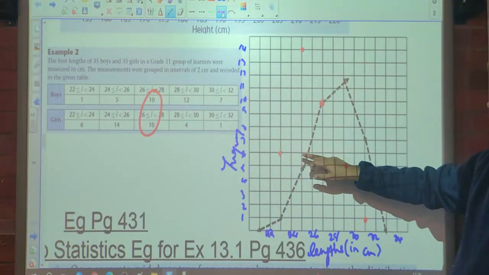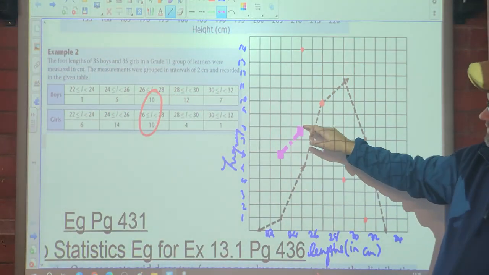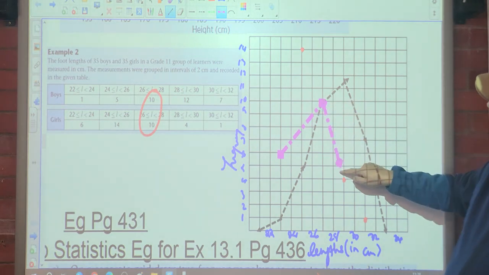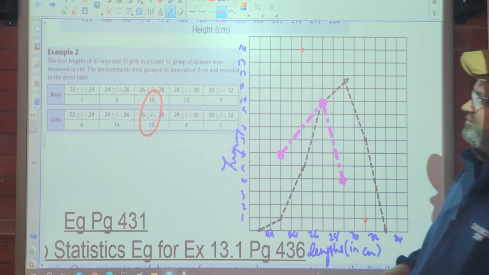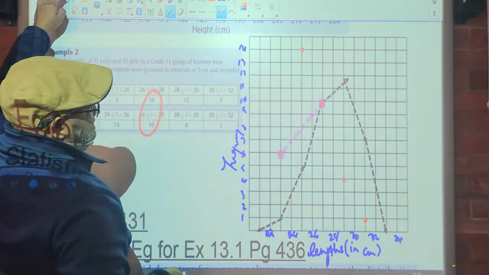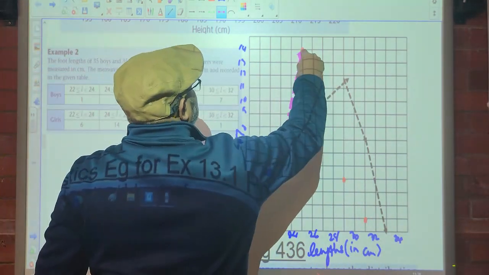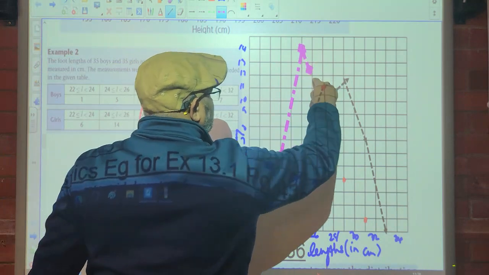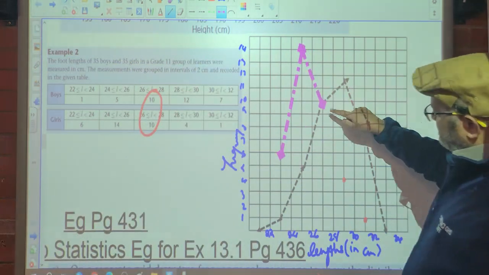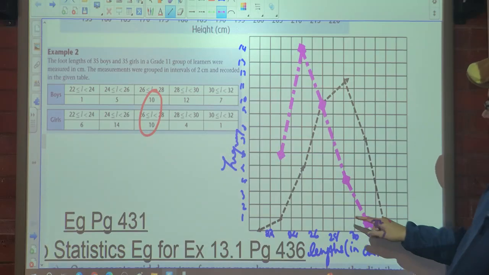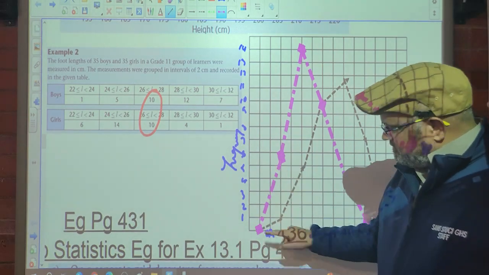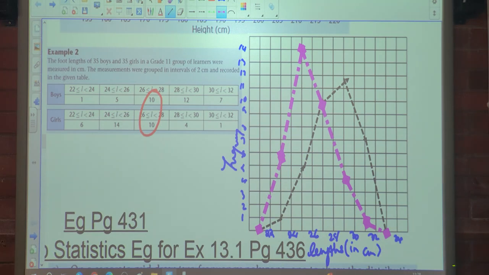So now we go. Connect there. There. Okay, can you see the difference there, people?